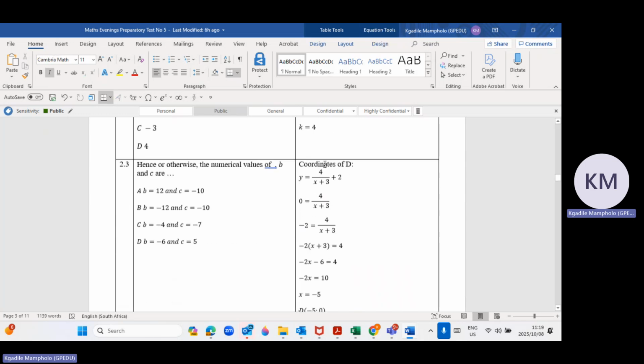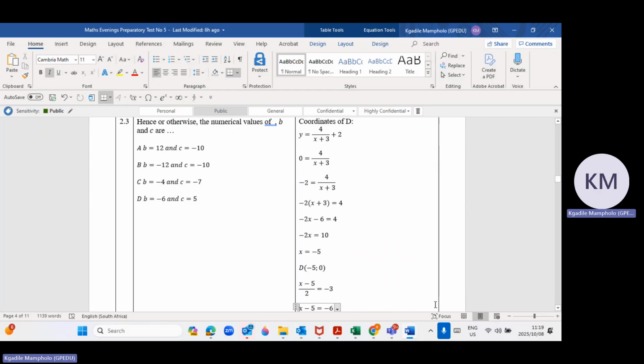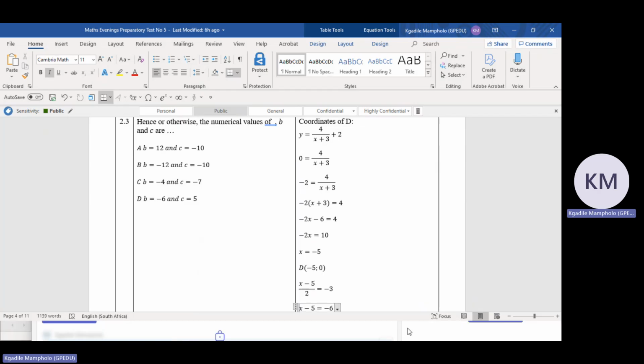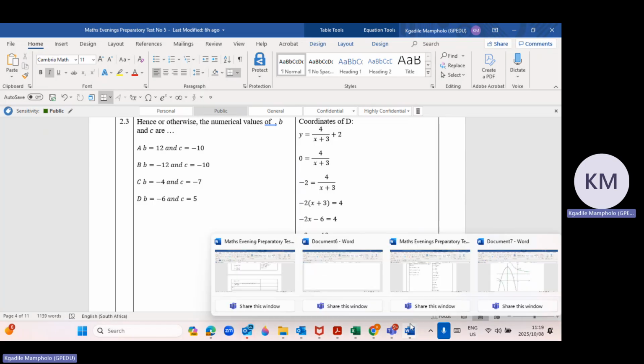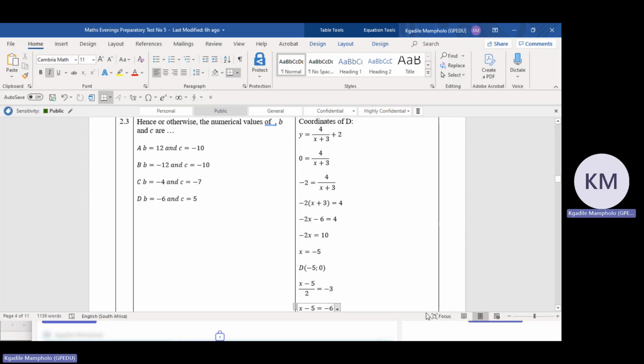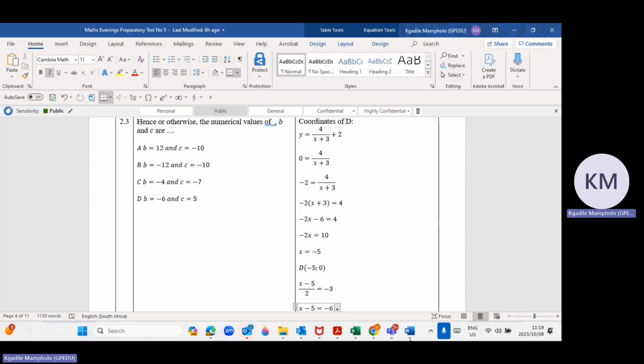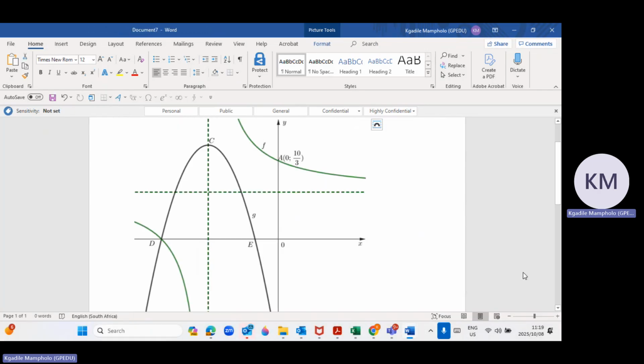So for the parabola in this case, you only know the line of symmetry, which is here. Now we know that the equation of the axis of symmetry is x equals -3, which cuts the graph into two equal parts.